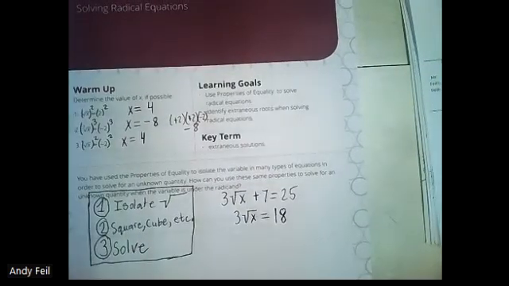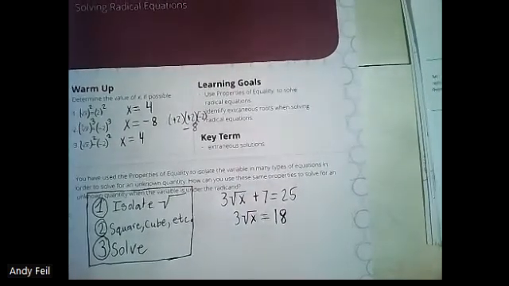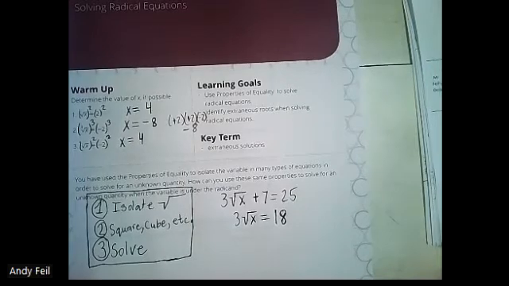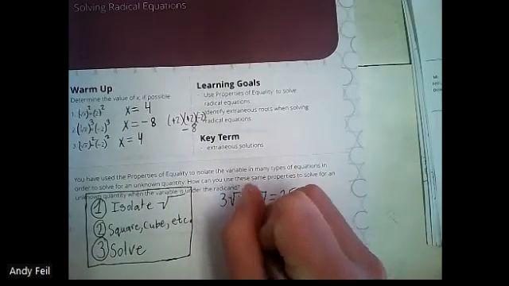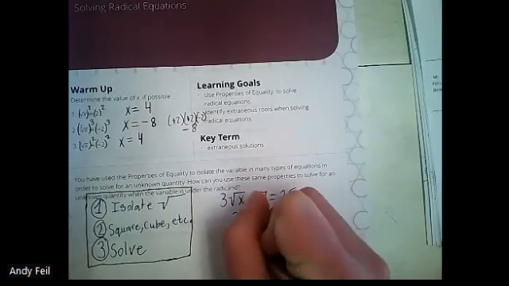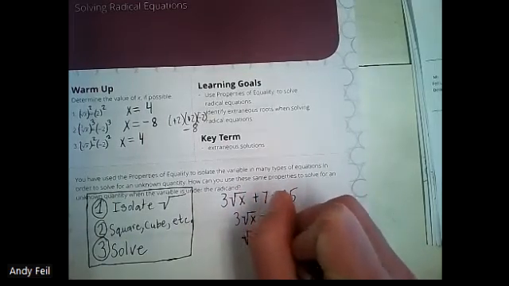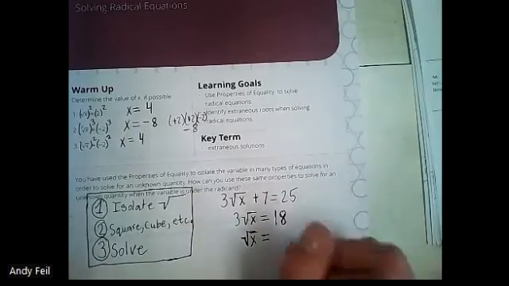Okay. Is the radical isolated now? What's being done to it? It's multiplying by 3, so we got to do what to get rid of it? Divide it by 3. So we have the square root of x equals, what's 18 divided by 3? 6.